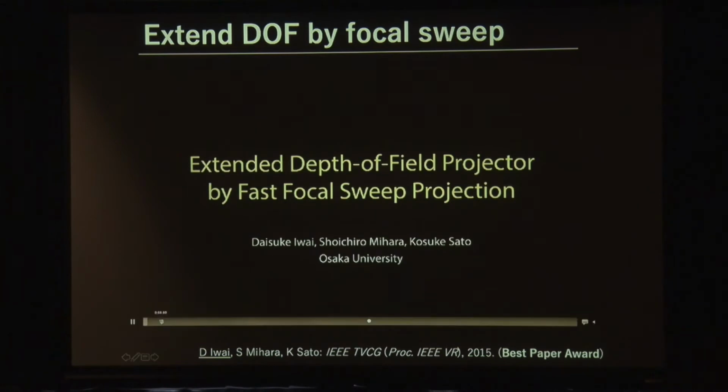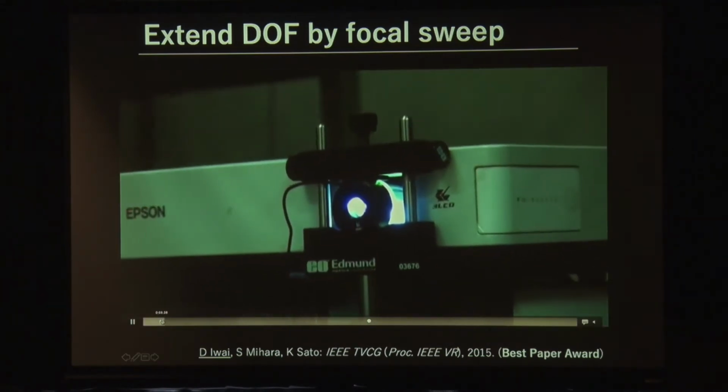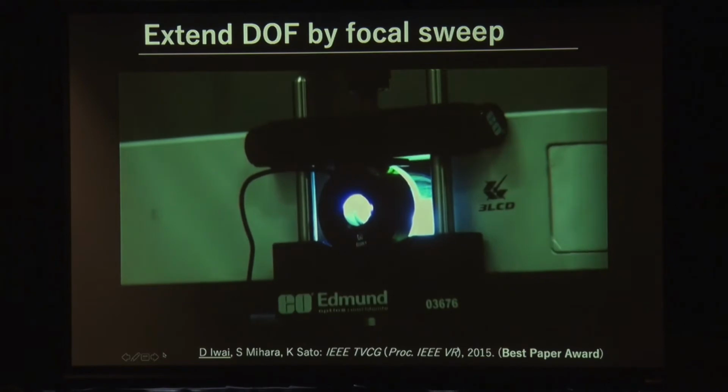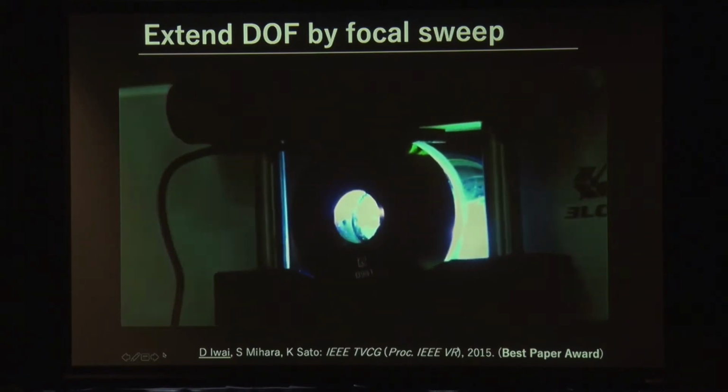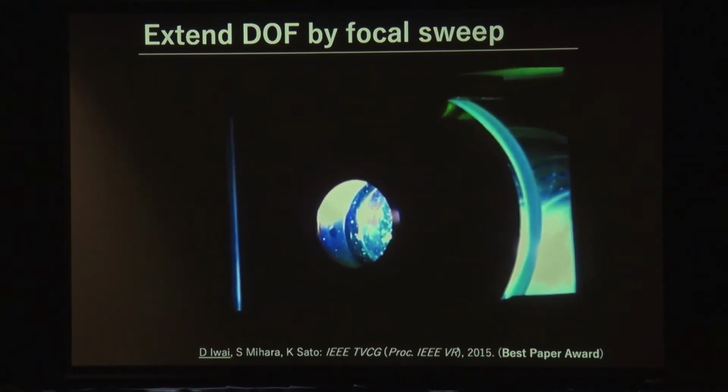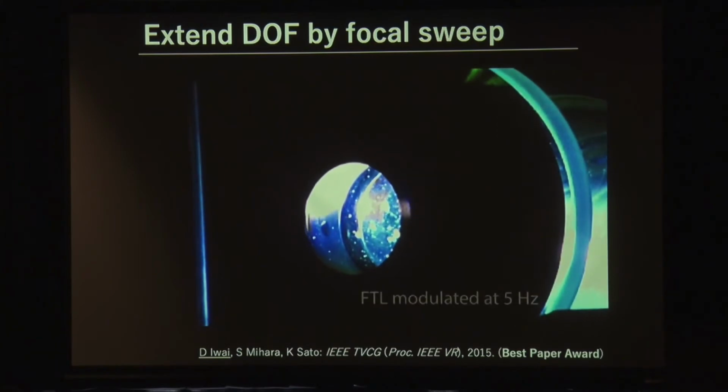This is a prototype system. We just place this small lens in front of the projector. As you can see, when we modulate the lens at 60 Hertz, we cannot see the modulation. Actually, the camera cannot see the modulation.